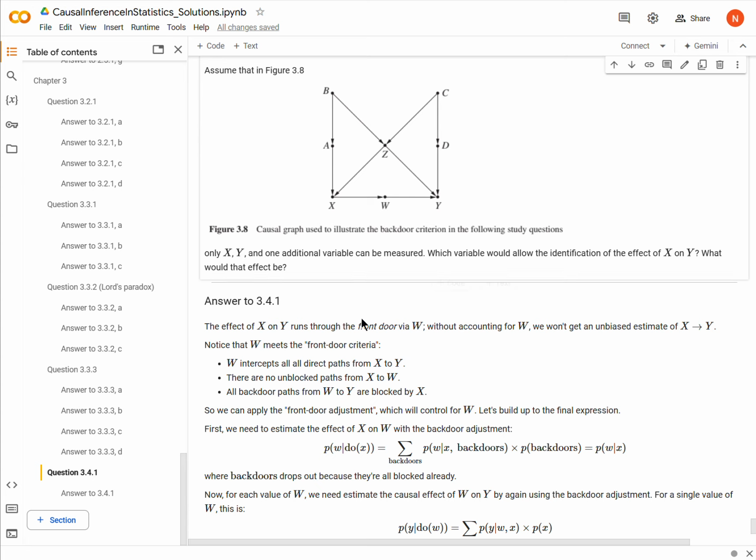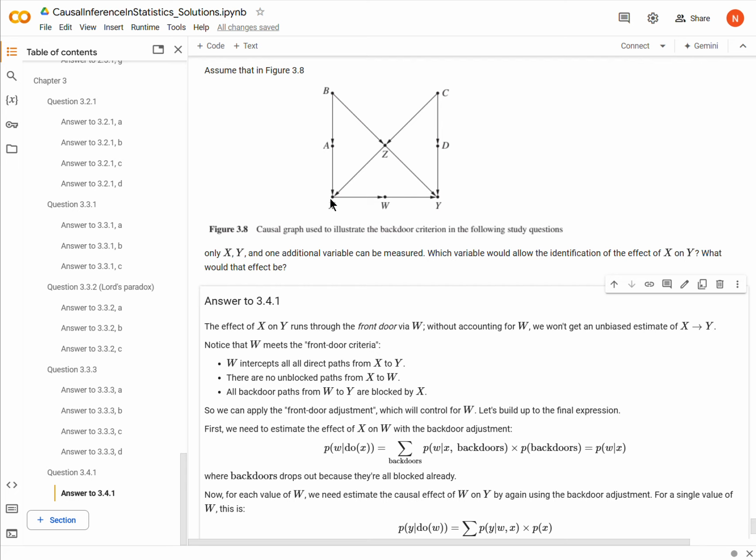So what is the front door criteria? Applying it to our problem, there has to be a set of variables, here just w, that intercepts all of the direct paths from x to y. There's only one direct path from x to y, and it goes through w, so the first criterion is met. Second, there are no unblocked backdoor paths from x to y.